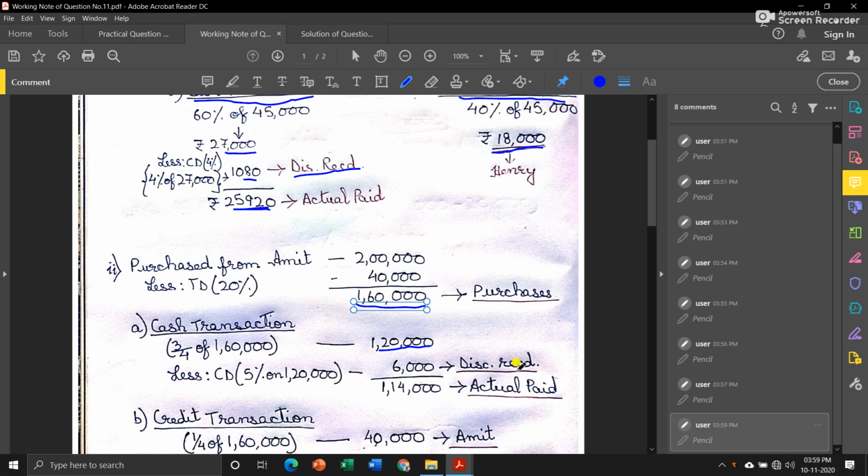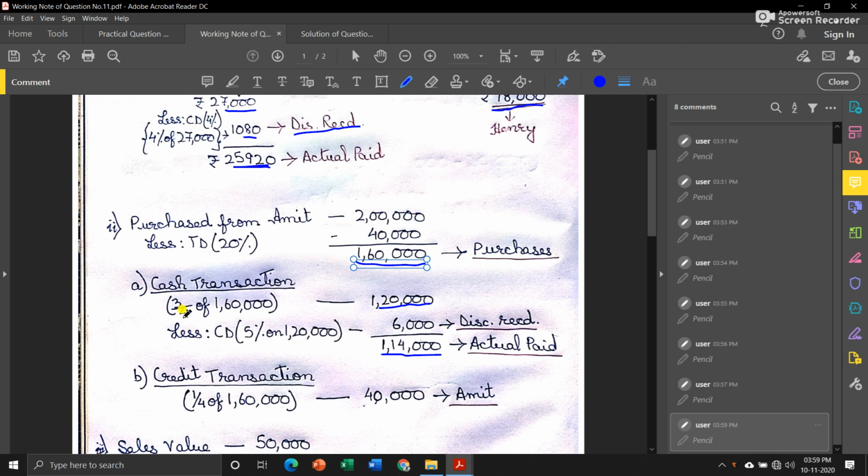Now this 6,000 is our discount received, and the actual payment that we made in cash is 1,14,000. So if 3/4 of 1,60,000 is cash transaction, automatically the remaining 1/4 of 1,60,000 will be credit transaction, 40,000.